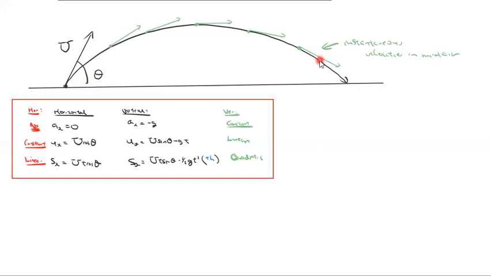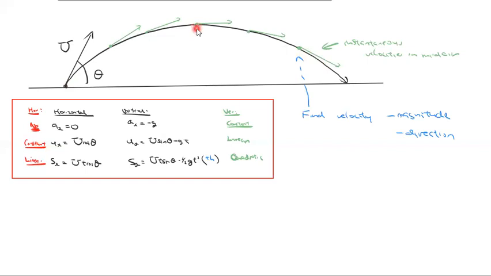Now, what you might be asked is to find the velocity, whether the magnitude or the direction, or both, at some particular point in time, t. So not at the start, not at the end, not at max height, which is also done.